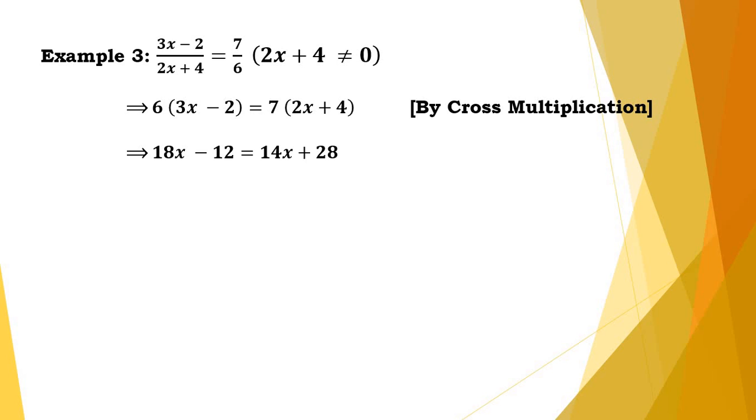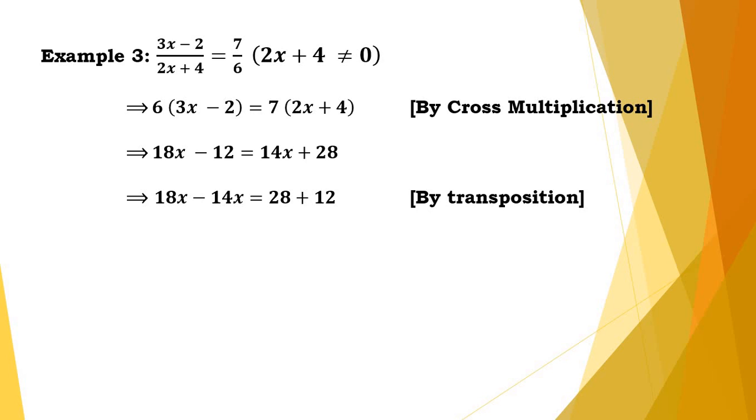Okay, now again we will transpose the terms. Okay, so we will bring the terms having x to LHS and the constant terms to RHS. Okay, so 14x will come to LHS and minus 12 will go to RHS.